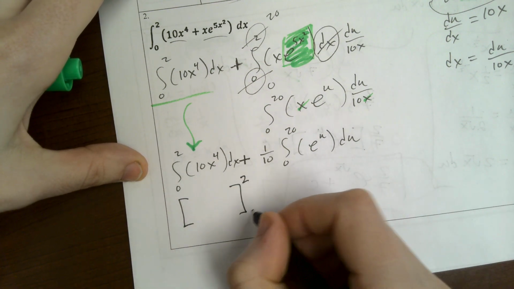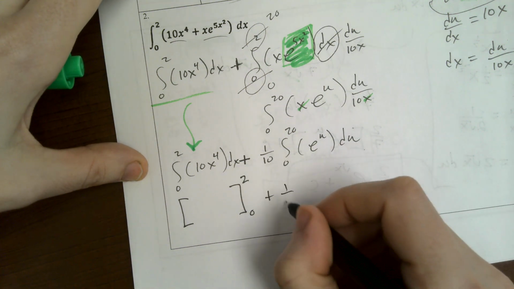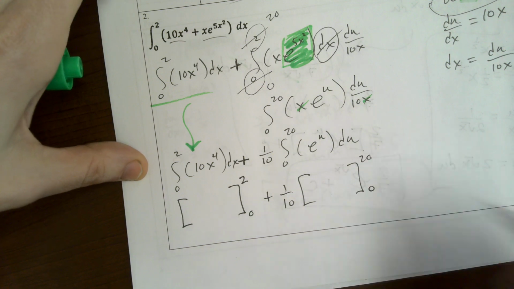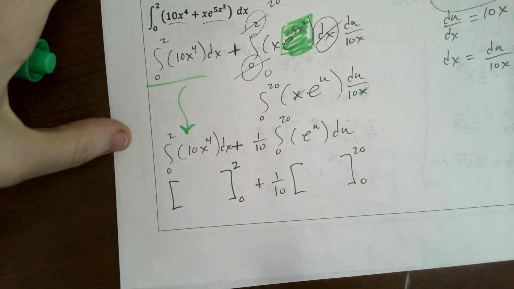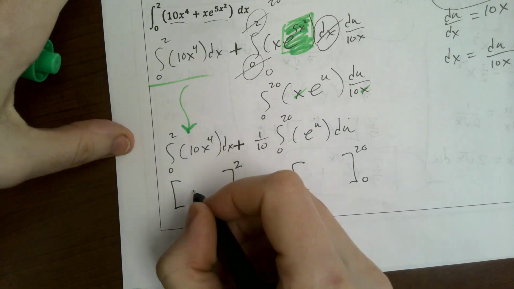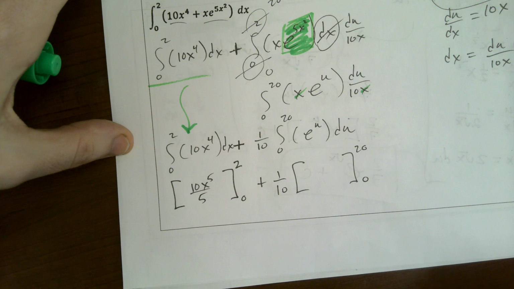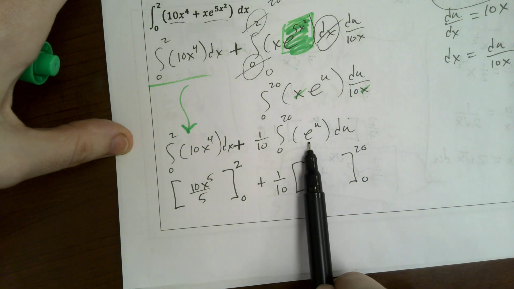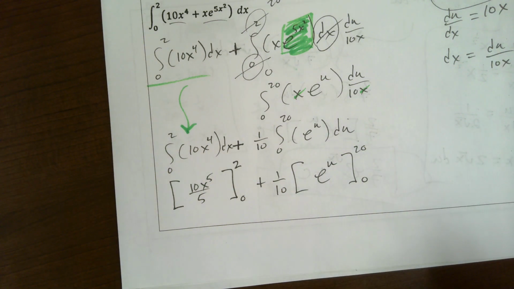So no plus c. 2 and 0 go at the end. Plus 1/10, open up this bracket, 20 and 0. Now for the antiderivatives. It's going to be 10x to the 5th divided by 5. And the antiderivative of e to the u is e to the u.